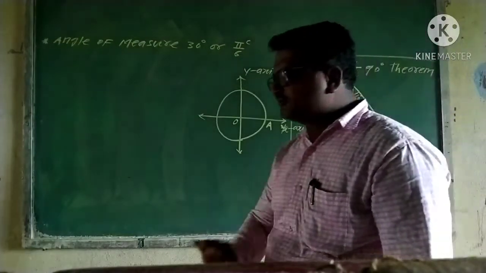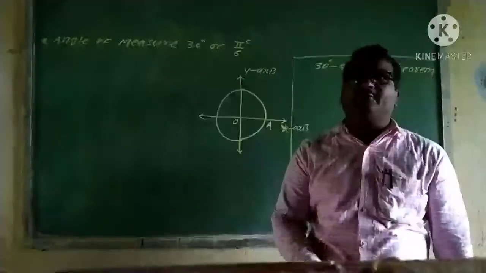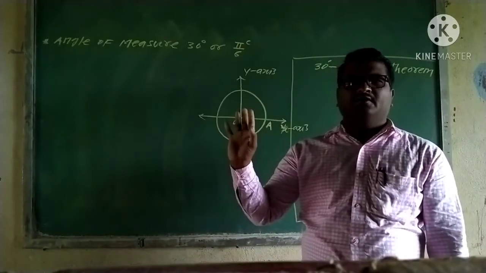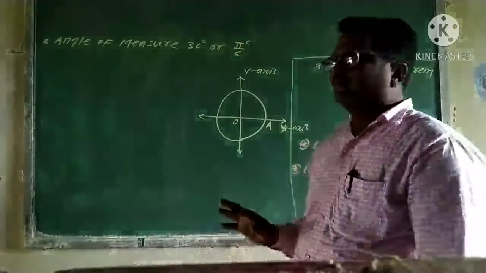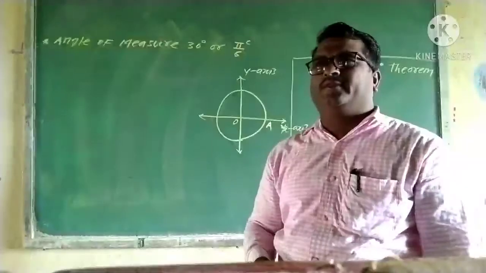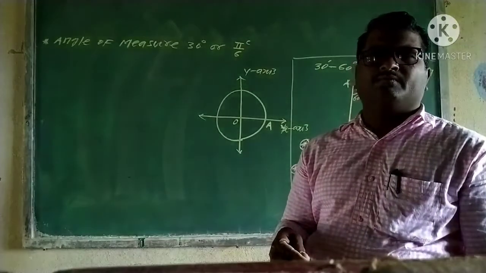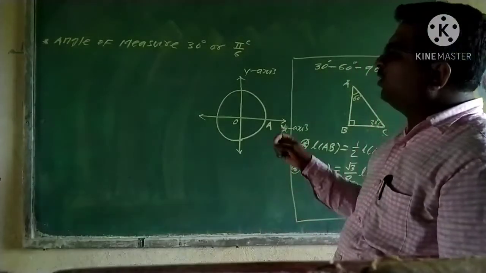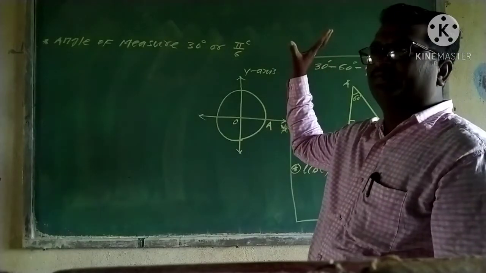And we also studied that in first quadrant all trigonometric functions are positive. Means in first quadrant all the values of trigonometric functions for the measure 30 degree are positive.